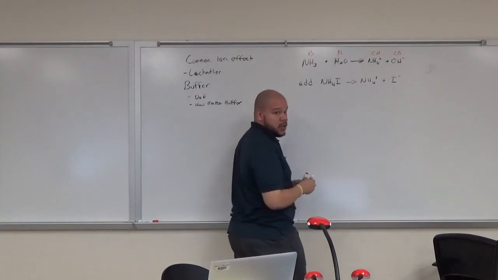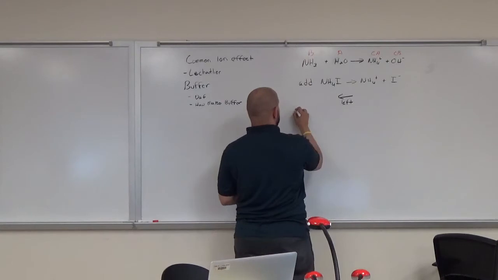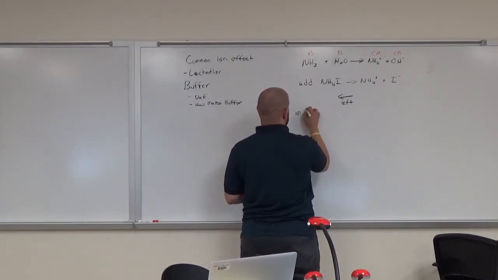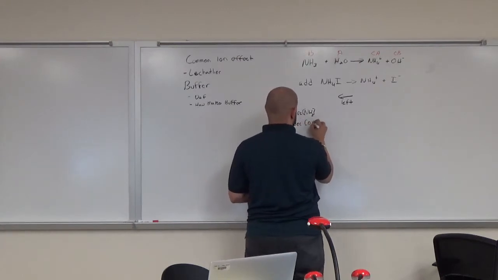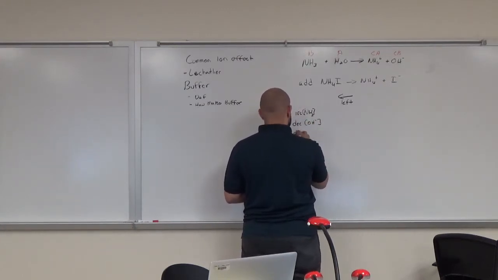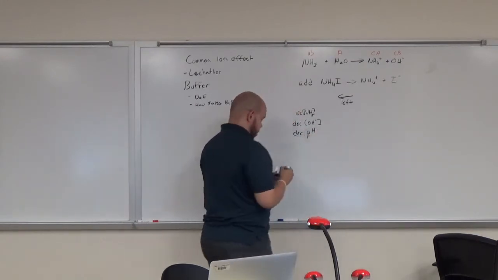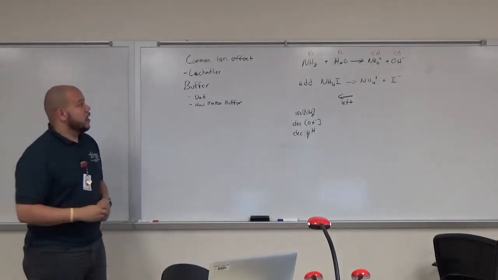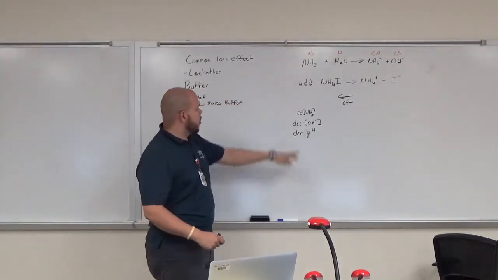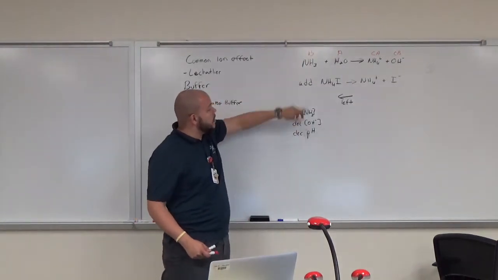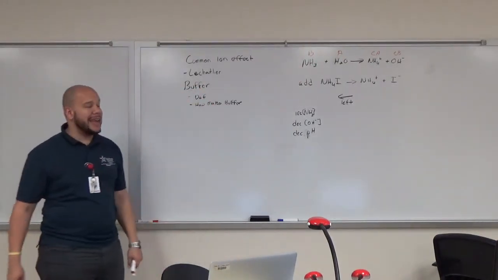We are adding a product of the equilibrium, so we will shift left again, which will increase NH3. It will decrease OH- and thereby decrease pH. Right? So here is a situation where you can do the exact same common ion using a basic system, increasing your reactants, decreasing one of your products that impacts pH, and thereby decreasing pH, making it less basic.